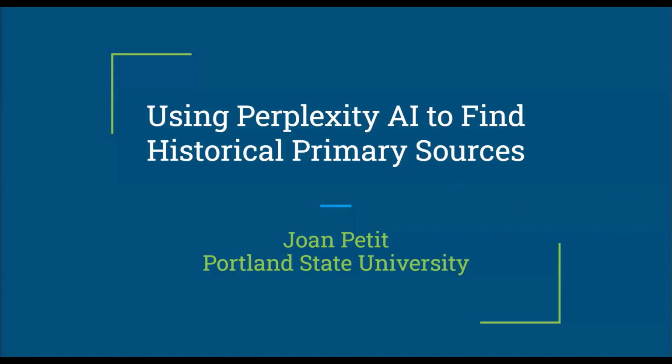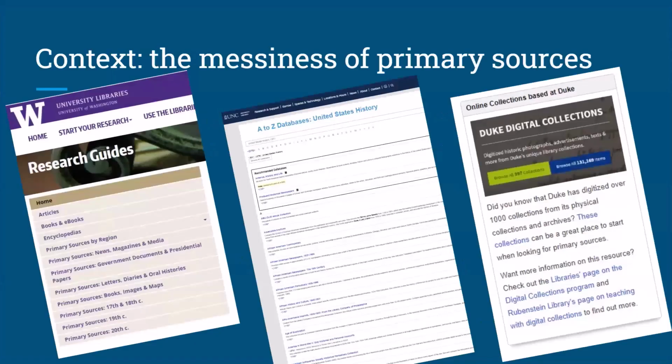So the context for my experiments comes from just the messiness of primary sources. There's nothing really comparable to any one disciplinary-specific database of scholarly articles for primary sources, because a primary source can be so many things: a memoir, newspaper article, a letter, a pamphlet, photograph, map, an interview that could be in print or audio or video, government report.